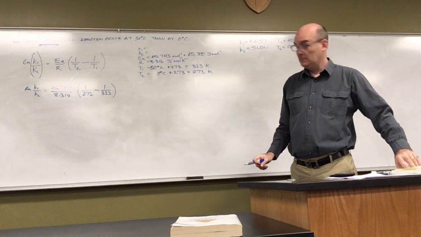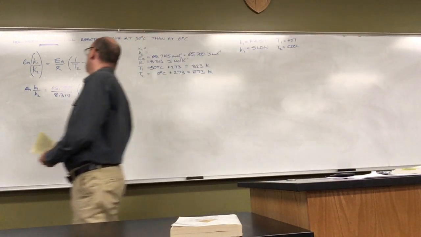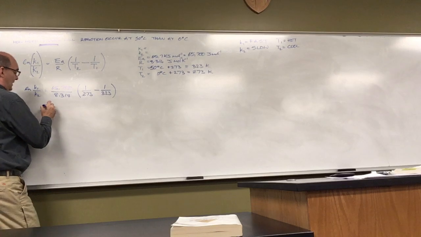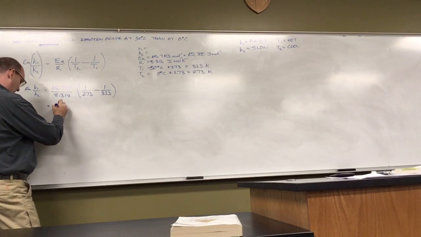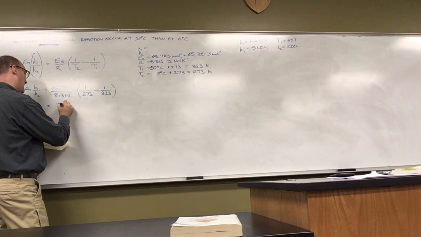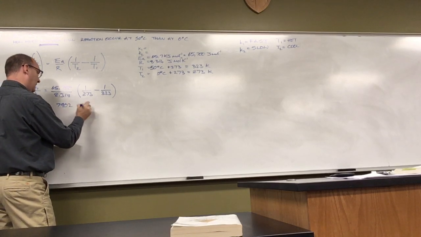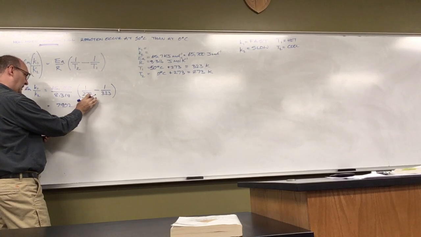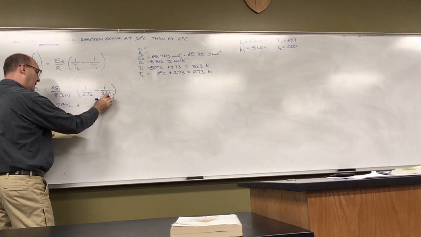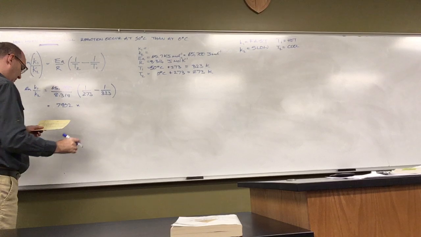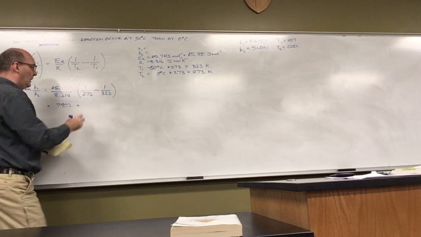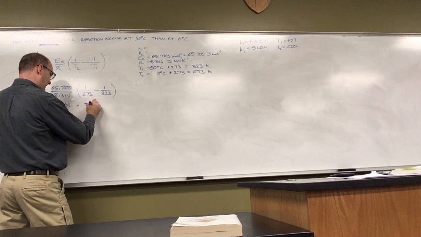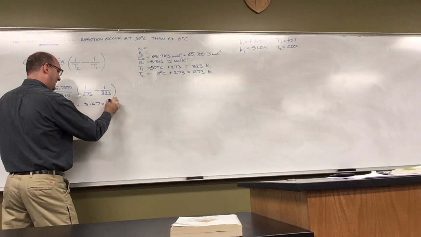Okay. 65,700 divided by 8.314 is 7,902. And 1 over 273 minus 1 over 323 is 5.67 times 10 to the negative 4.